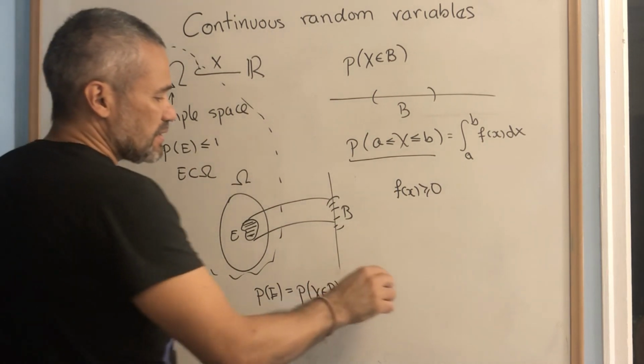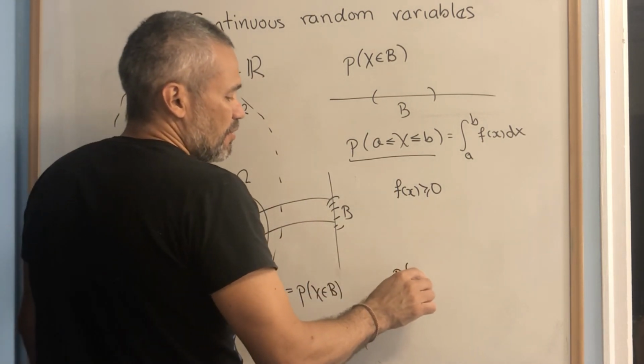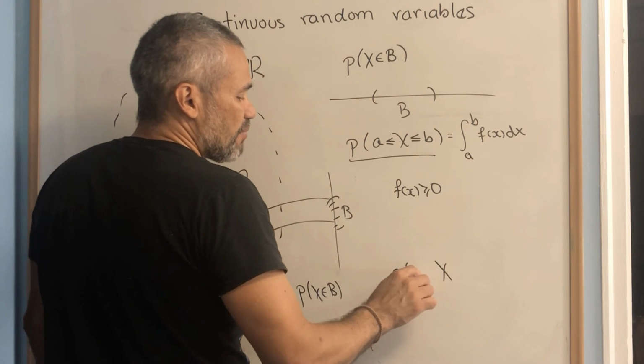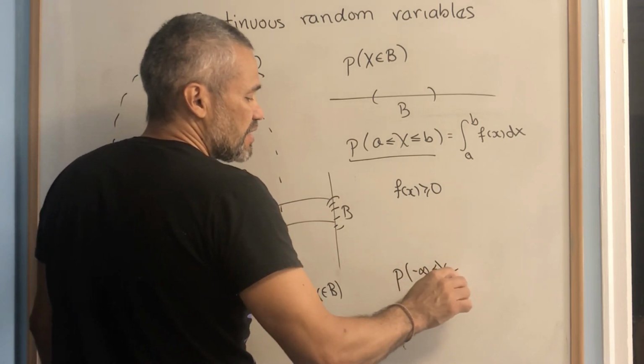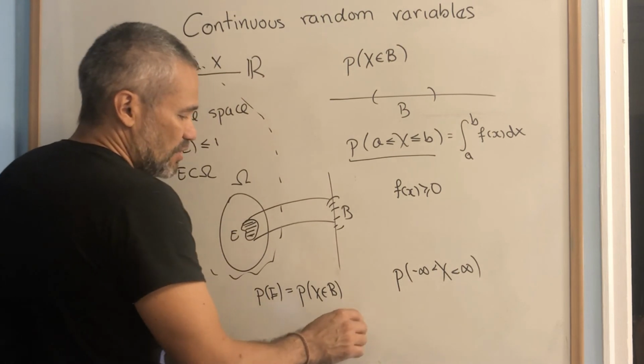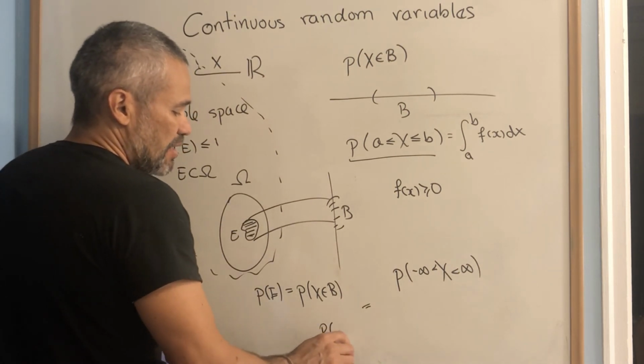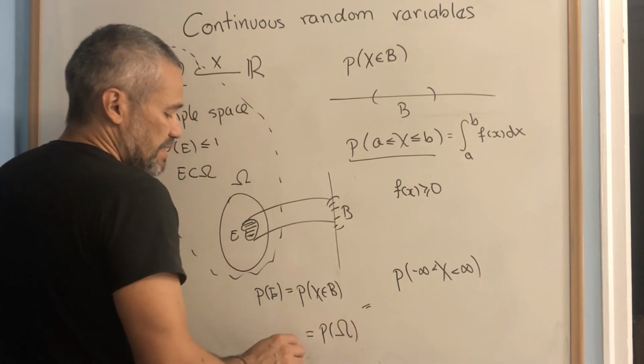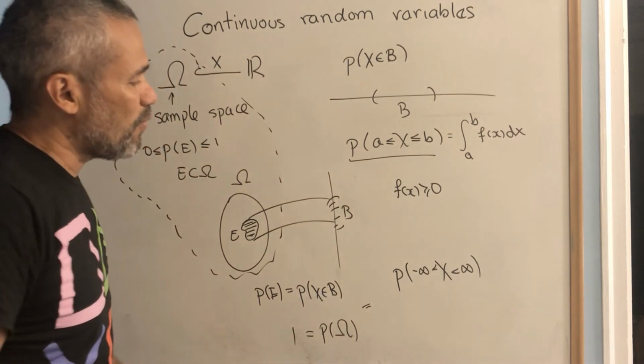Since we want the probability that the random variable goes from negative infinity to infinity, clearly this is going to be just the probability of the whole sample space. Then we want this to be 1.